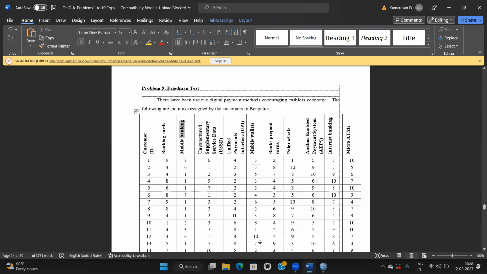You just change this, and this is mobile banking. Just look at the data.